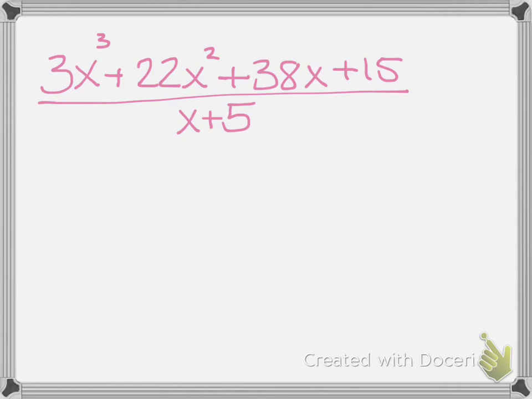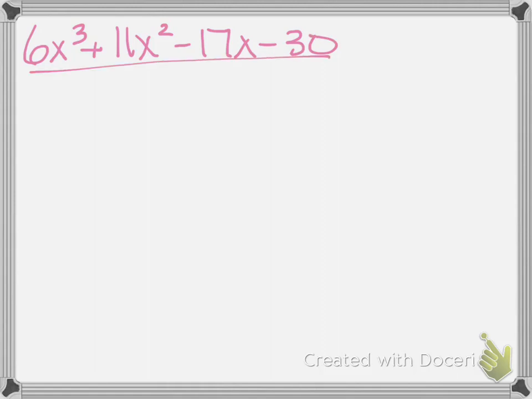So on the back it says synthetic division of polynomials. Mathematicians have created a faster system than long division for dividing a polynomial by a binomial. So we'll do the same problem that we did in the example, but this time we'll use the faster system called synthetic division. So you have the same problem, 6x to the third plus 11x squared minus 17x minus 30 divided by x plus 2.